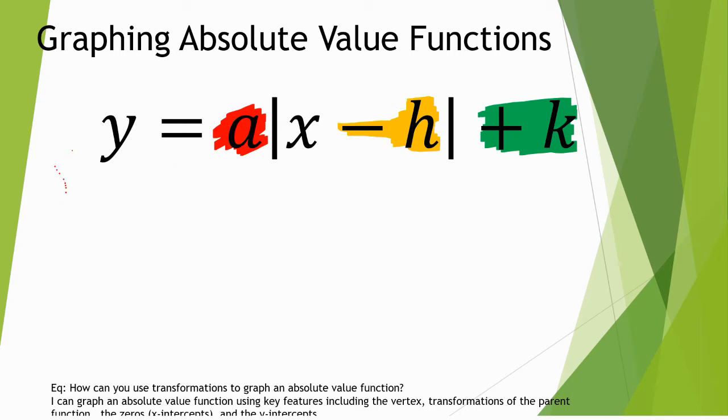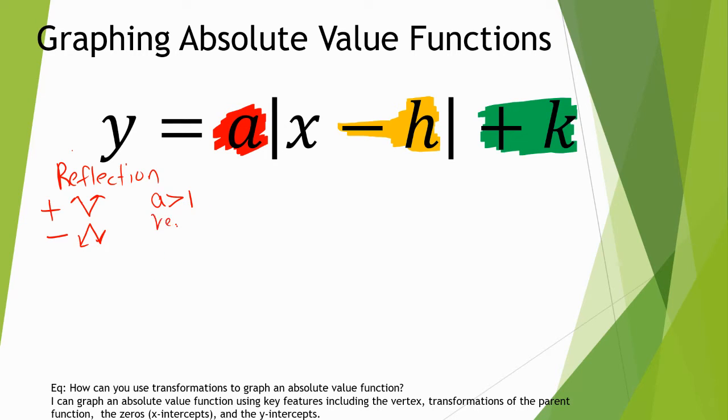That A, remember, the A is talking about a reflection. And that means if it's a positive number, our V opens up. If it's a negative number, our V opens down. Also, if our A is bigger than 1, it's a larger number than 1, then it's going to be a vertical stretch.